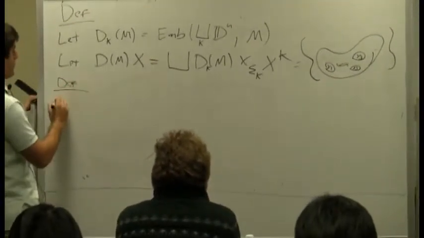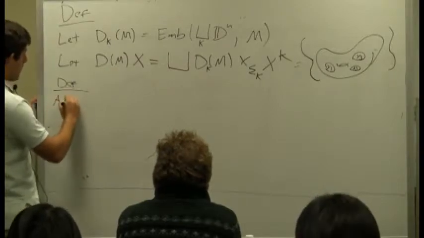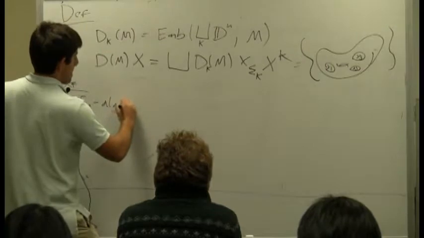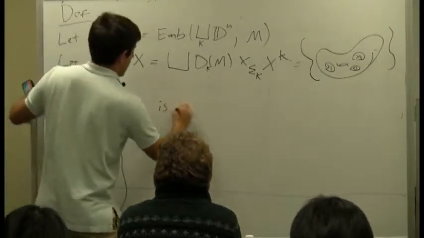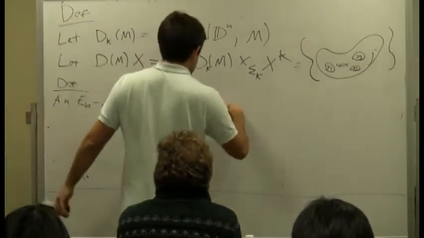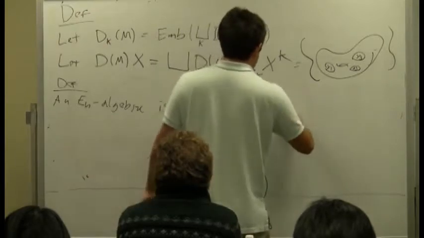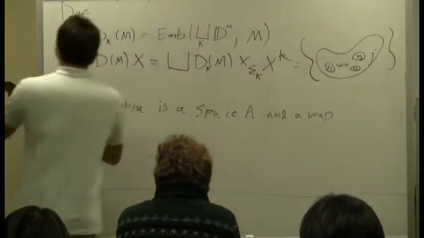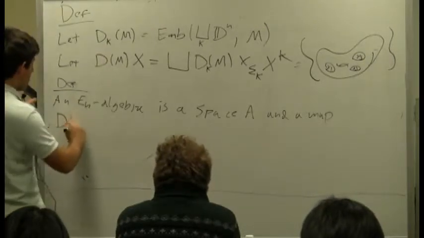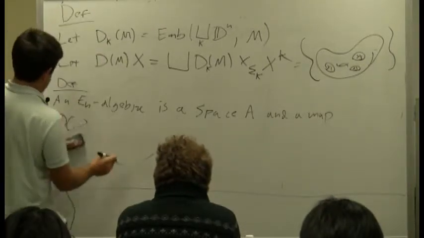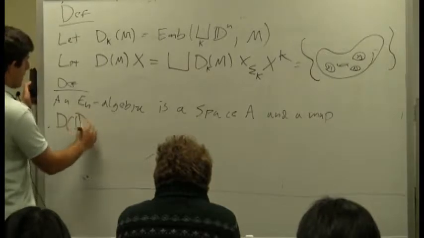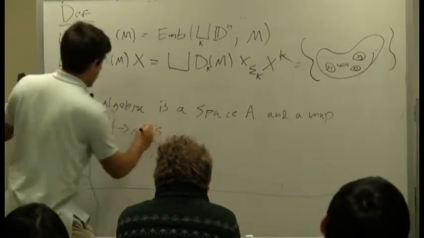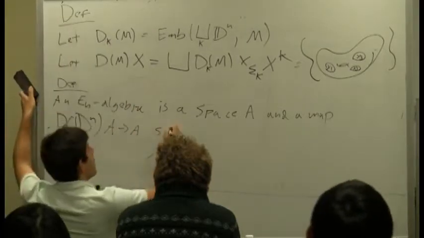Definition: an E_n algebra is a space A and a map from disks in the n-disk labeled in A to A. Also, there's a unit map, but who cares?